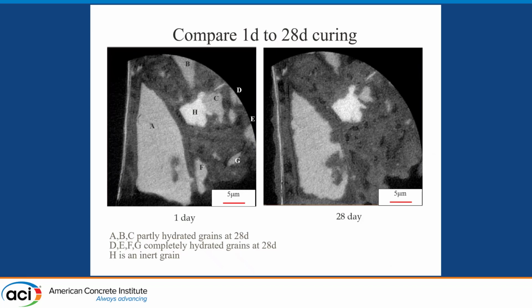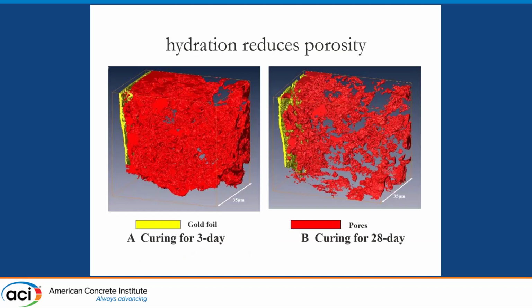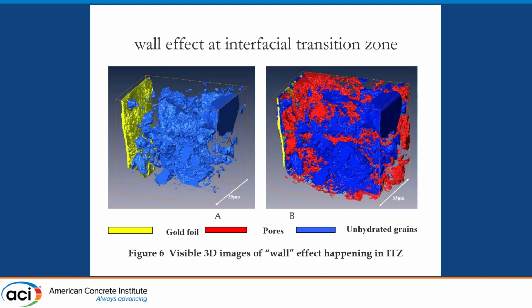So we would now have this nice digital image of the same sample at different ages, and we're able to do 3D visualization of these kinds of data sets. And we can just separate out the paste or separate out the pores, show the wall effect at the interface, and so on. And this helps us understand some of the things we knew about with SEM studies, but now we can do studies in 3D.